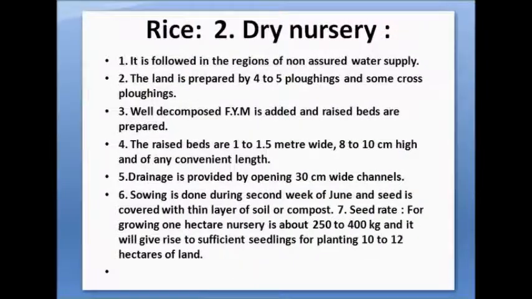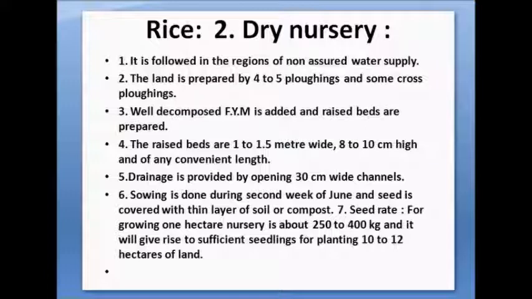Dry nursery: it indicates that no irrigation is given. So this is used in the dry areas where rainfall is not sufficient. Plowing is done, manures are added, then raised beds of 1 to 1.25 meter width and 10 centimeter height are made.